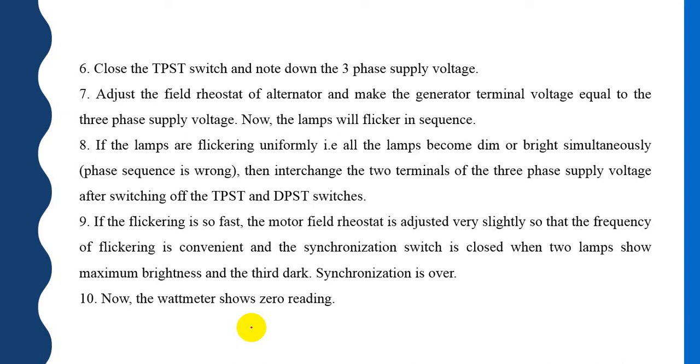By adjusting the field rheostat of the alternator, make the generator terminal voltage equal to the three-phase supply voltage. After doing this, now the lamps will flicker in sequence.